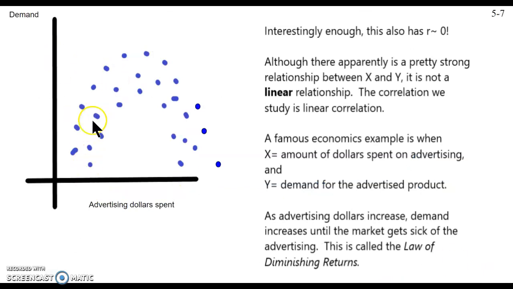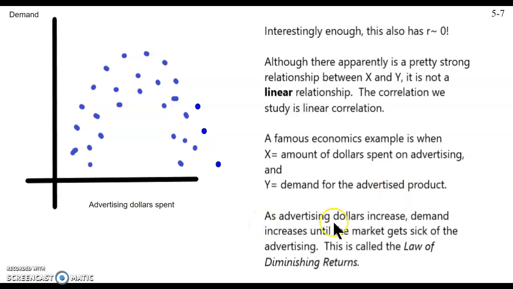Interestingly enough, something like advertising dollars spent and demand would also have an r of about 0. So although there's obviously a really strong relationship between x and y, it's not a linear relationship. The correlation we're studying is just linear correlation. This is a really famous economics example that maybe you've seen, where x is the amount of dollars spent on advertising and y is the demand for the advertised product.